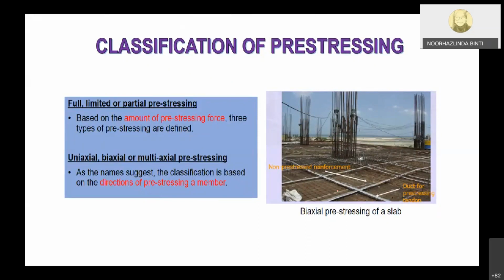And the last one is based on the direction of the prestressing. So it can be uniaxial, biaxial, or multi-axial prestressing. If you want to know further on this, you can check on the internet, books, or whatsoever. There are so many explanations on this.